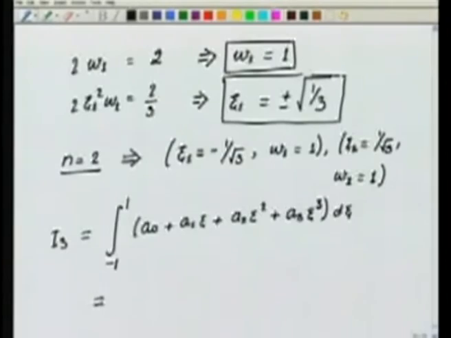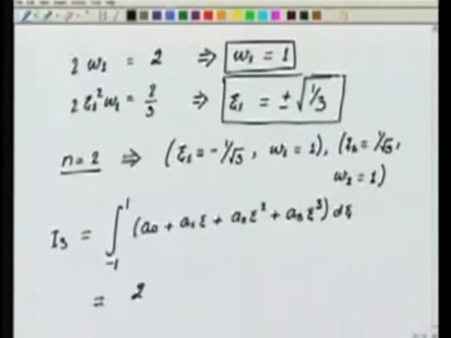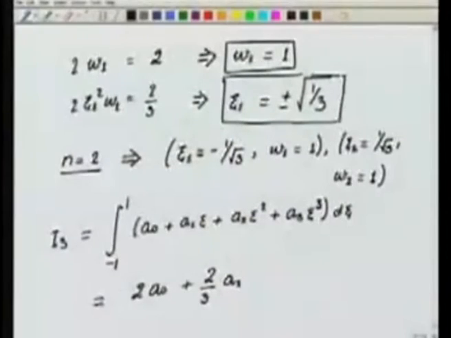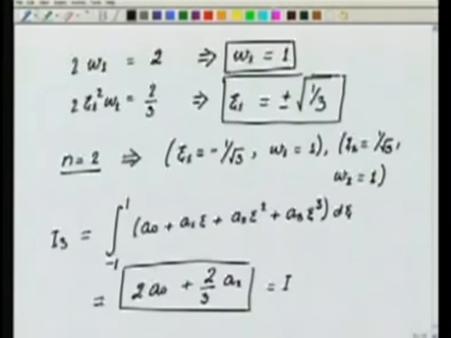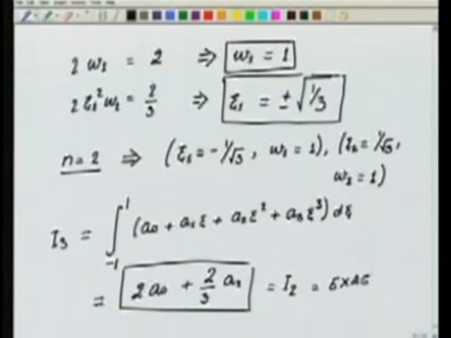This integral, if I do, will come out to be exactly the same as the integral I2, or it will be given as 2a naught plus 2 by 3 a2, and we will see by taking the 2-point rule I will get the exact integral for n equal to 2.